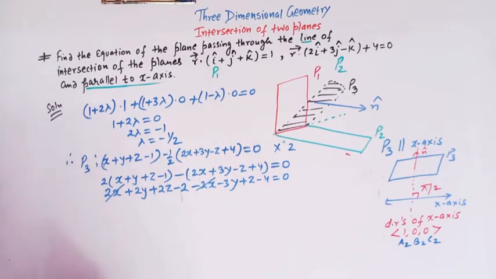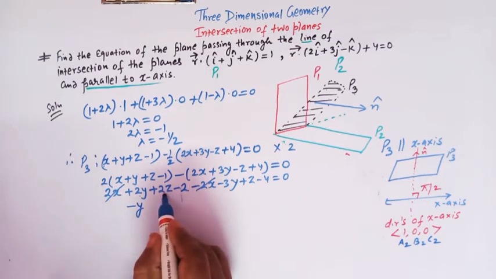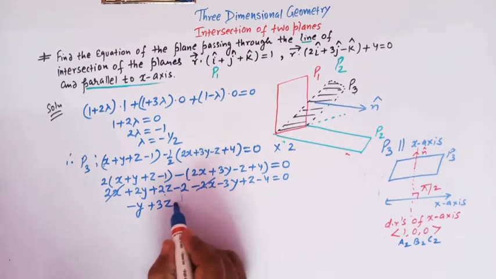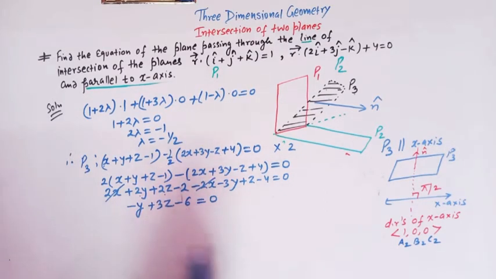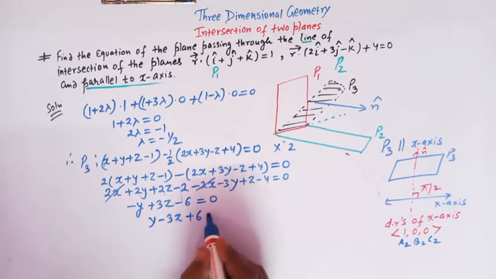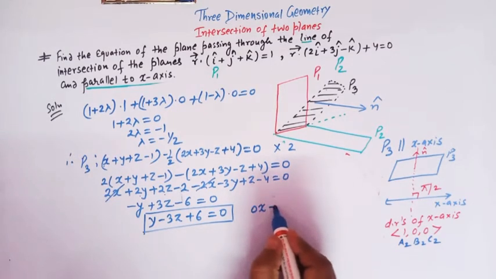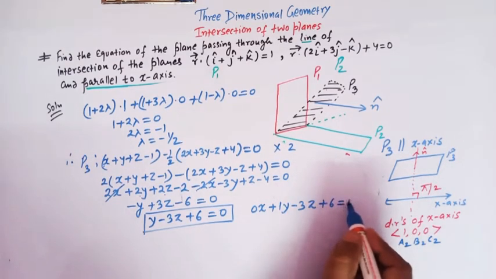2x and minus 2x get cancelled. 2y minus 3y is minus y, so 2z plus z is 3z, and minus 2 and minus 4 are minus 6, right? And if we multiply throughout by minus sign, we have y minus 3z plus 6 equal to 0, and we can also write this equation as 0x plus 1y minus 3z plus 6 is equal to 0.